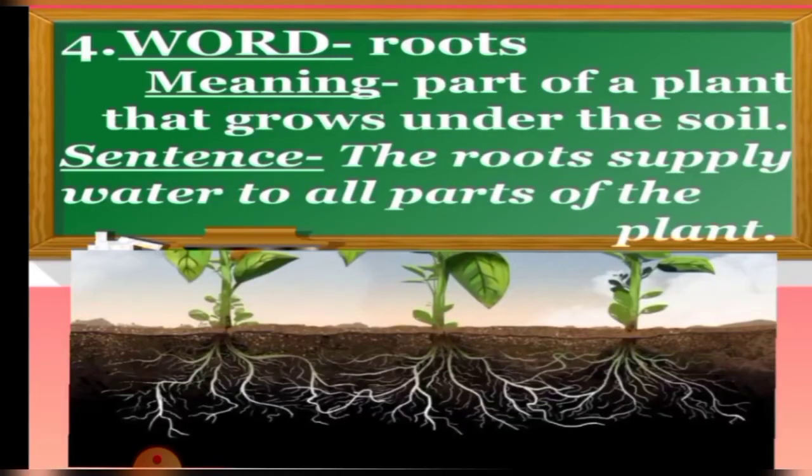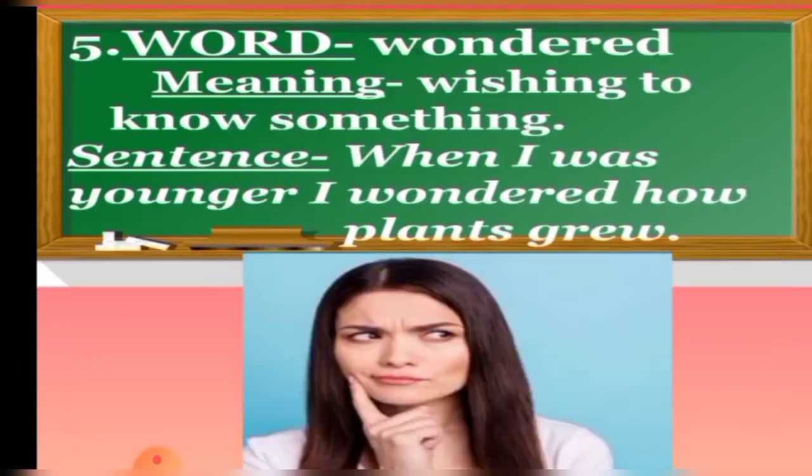Next word is roots. The part of a plant that grows under the soil is called roots. The roots supply water to all the parts of the plant. Next word is wondered. Wishing to know something is called wondered.